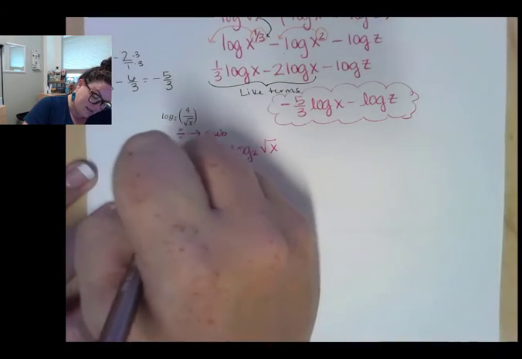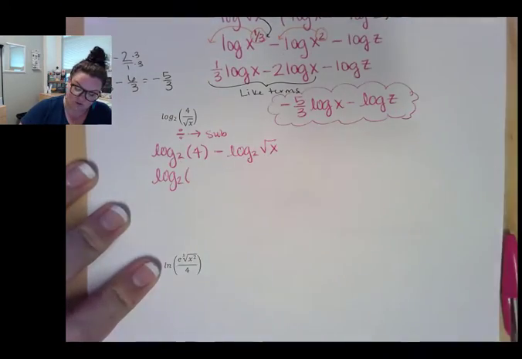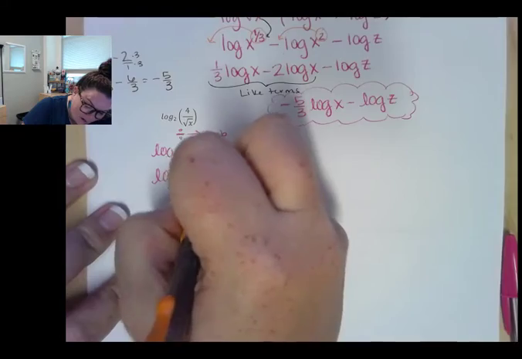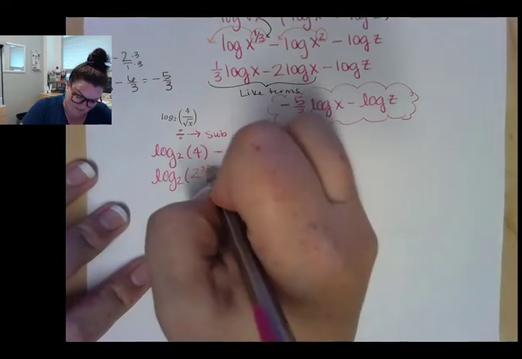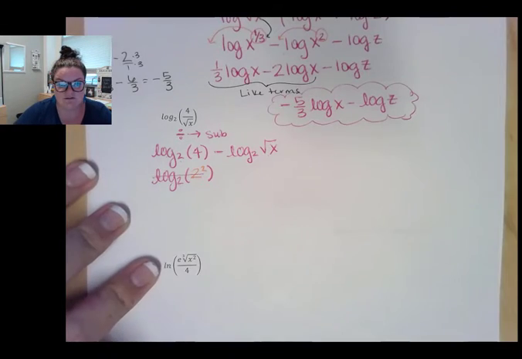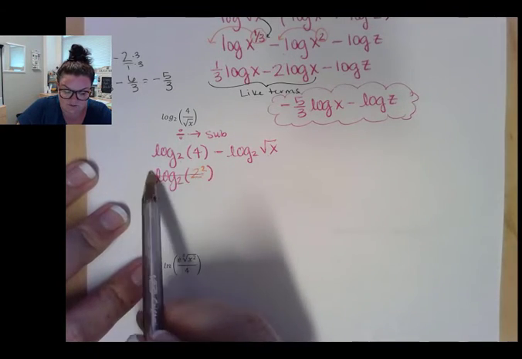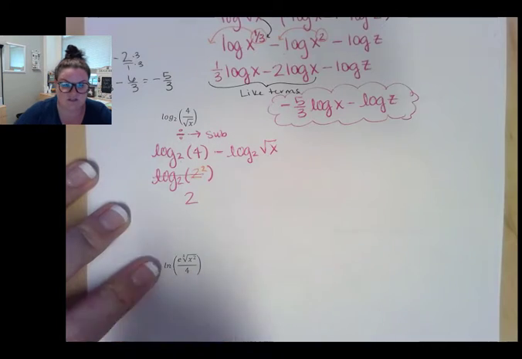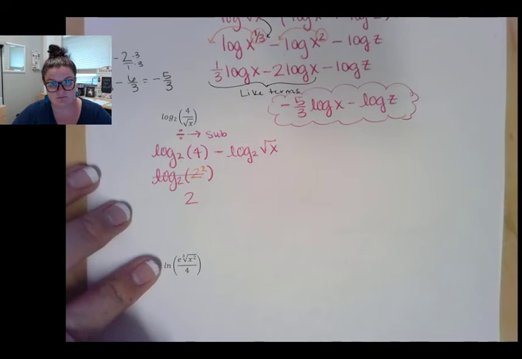So I can rewrite this as log base 2 of 2 squared, and then my log base 2 and 2 cancel. Or you can think about bringing that 2 down. Either way, this whole term is just going to turn into a 2.